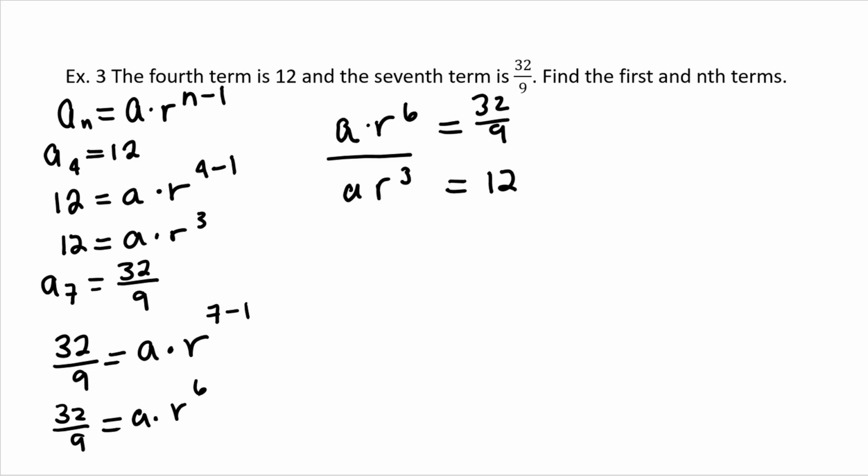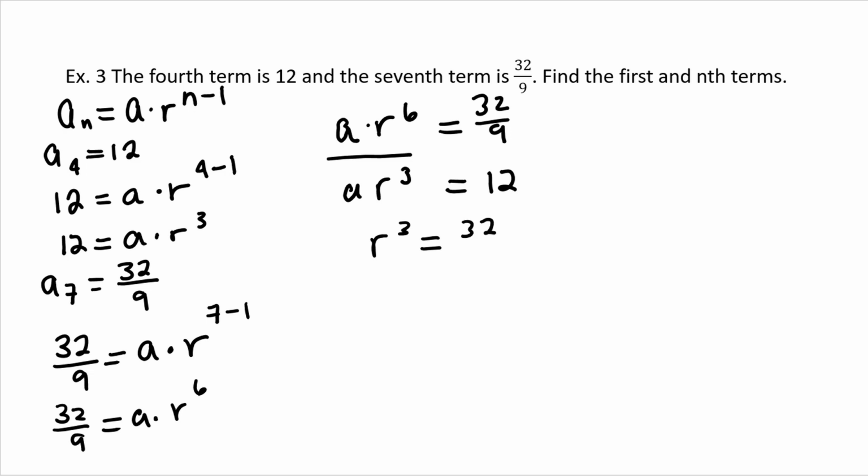Now some nice things happen. The a's cancel, and we can use the rules of exponents and simplify the left-hand side to r cubed. On the right-hand side, we have some arithmetic to do.